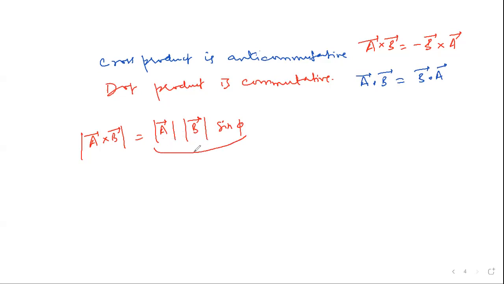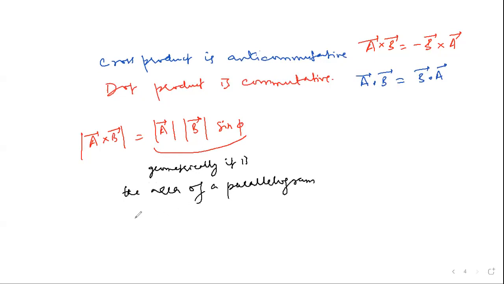This magnitude of A cross B vector is geometrically the area of a parallelogram with A and B as adjacent sides.